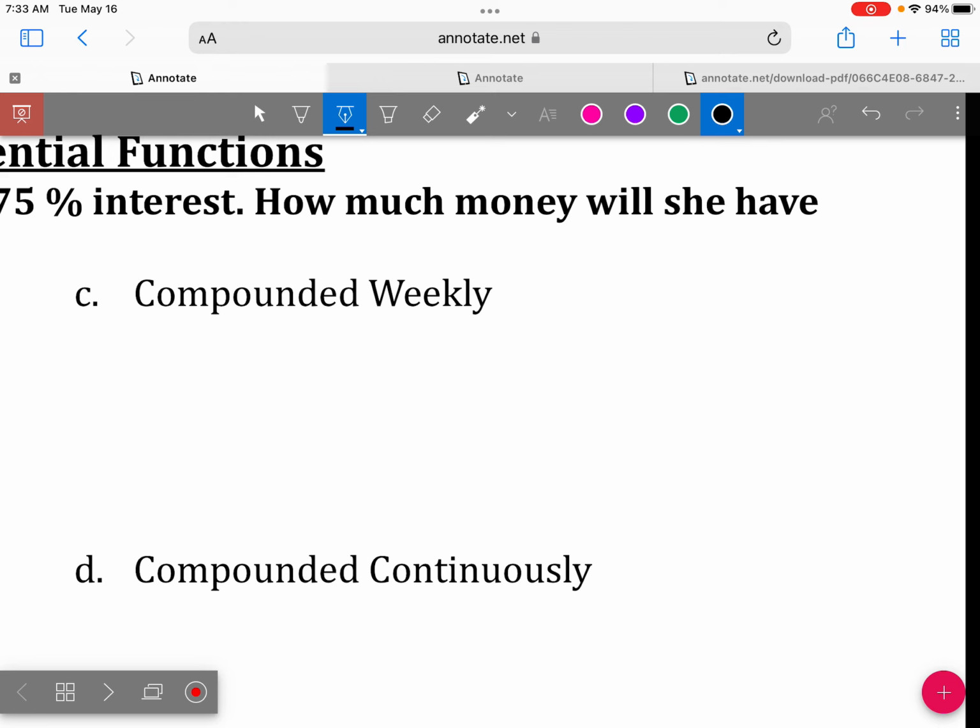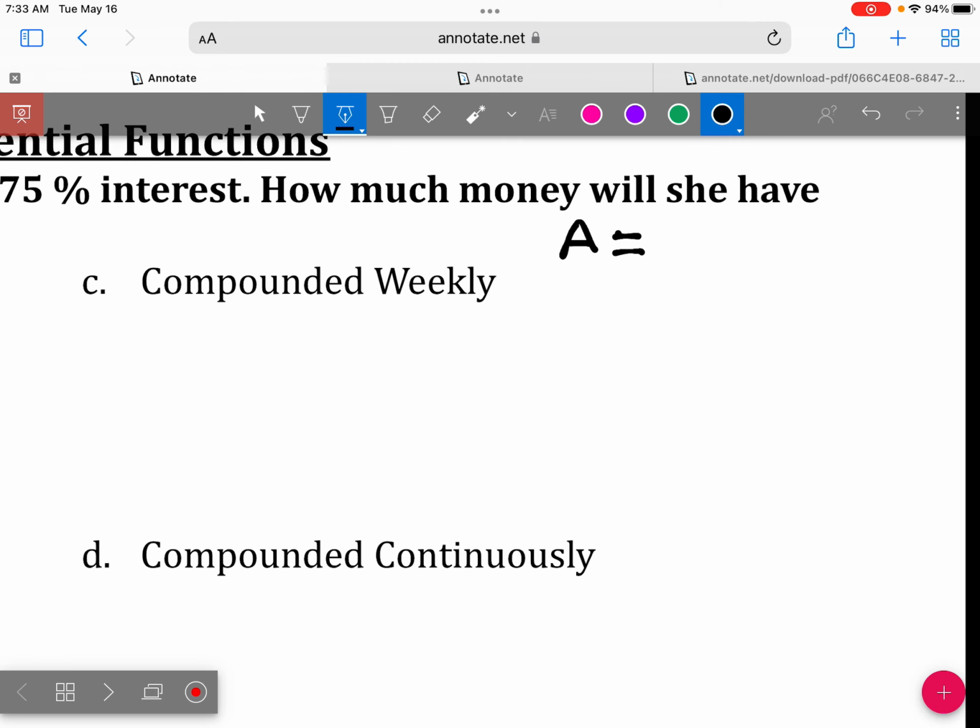So our compound interest formula, it's been on the wall for like a couple of weeks because my other class was doing compound interest, but I've taken it down because you guys can't use the formulas that they have.